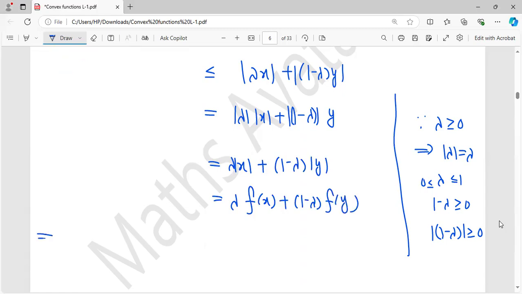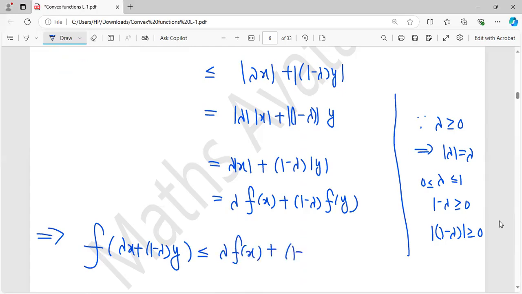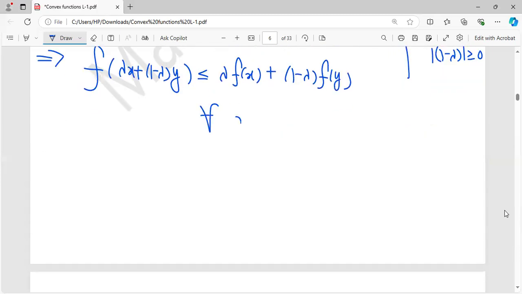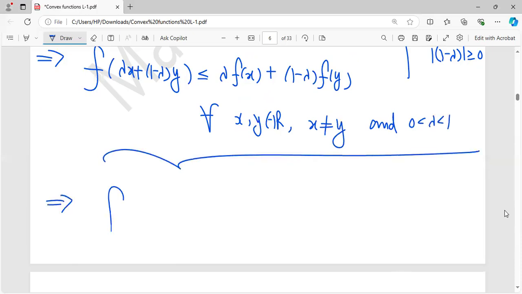So this implies that f(lambda x + (1 - lambda) y) is less than or equal to lambda f(x) plus (1 - lambda) f(y). Okay. So what is the meaning of this? This is true for all x, y belonging to R, x not equal to y, and so this implies f(x) = mod x is convex on R. Okay.